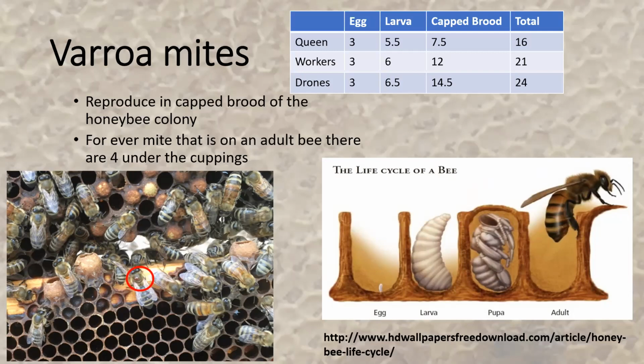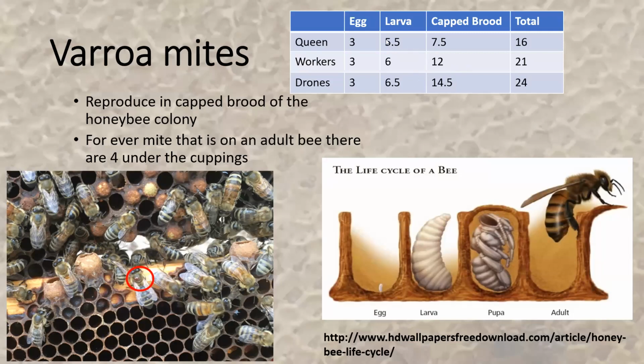Certain times a year, there could be as many as 4 adults underneath cappings and reproducing as there are on the bees themselves. So we're going to be talking about how, depending on the time of year, there's many more varroa mites in a hive than what certain samples could actually be indicating.